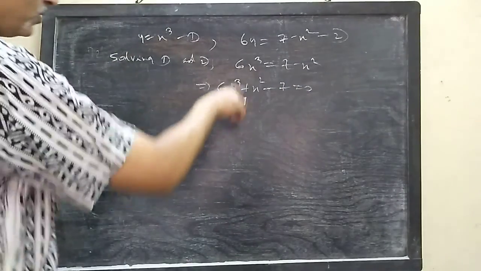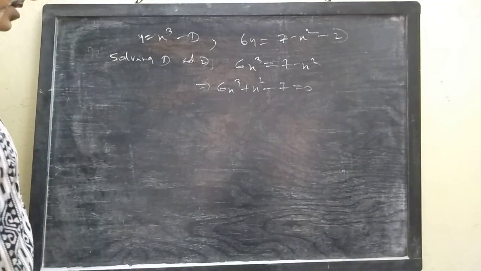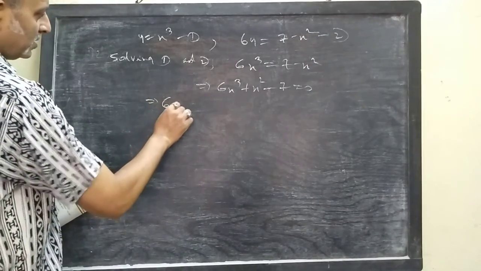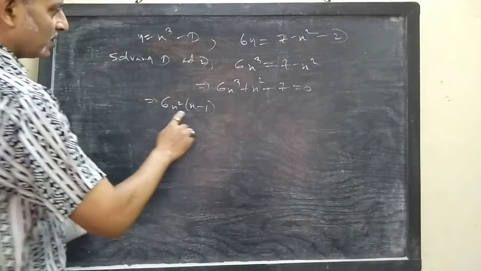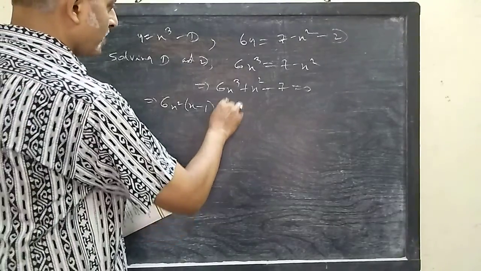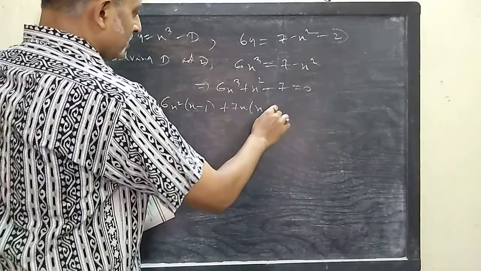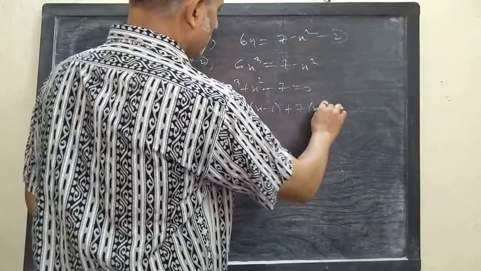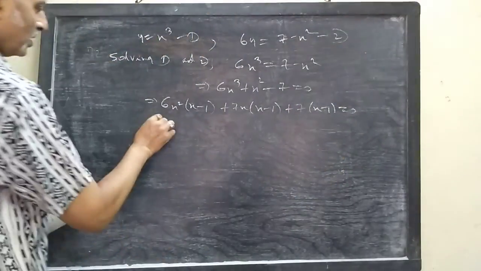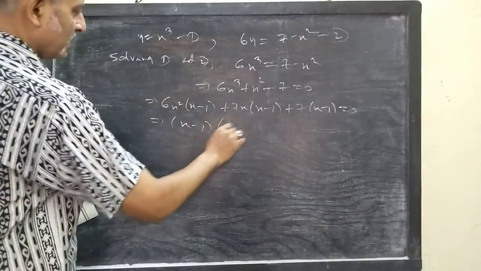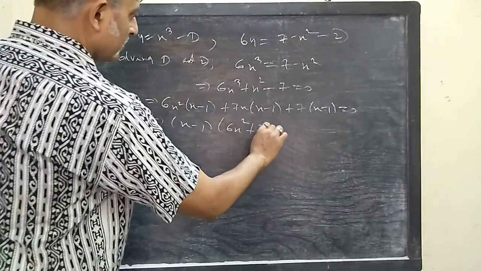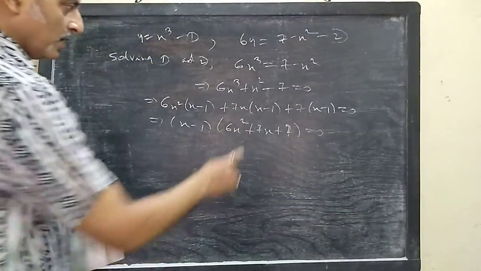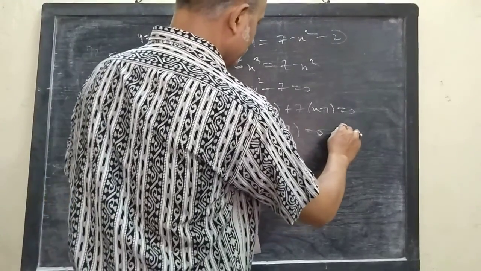Now look, if you put x equals 1, then it vanishes. So x equals 1 is a root of this equation. So let us arrange it: 6x square into x minus 1, minus 6x square plus 7x square minus 7. So plus 7 into x minus 1 equals 0. So we get x minus 1 into 6x square plus 7x plus 7 equals 0. Now find the discriminant here.